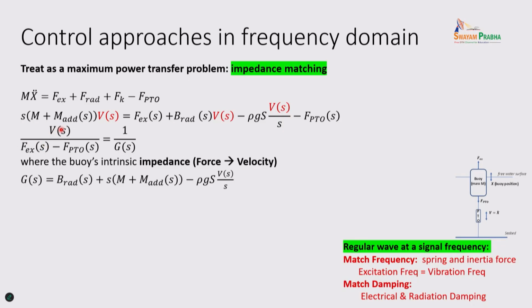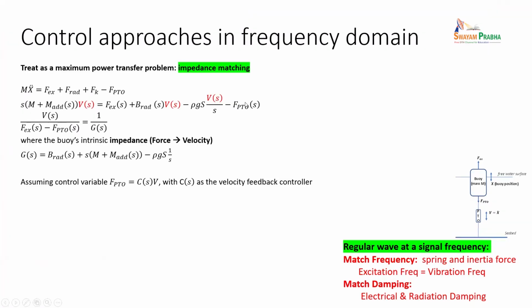Because V(s) is already here, this is 1, because this comes directly from here. You take force divided by velocity, and the velocity disappears. Make sense? If there's some typo, correct that.